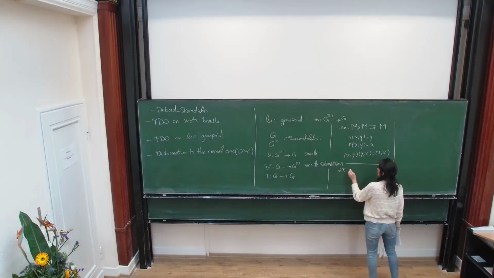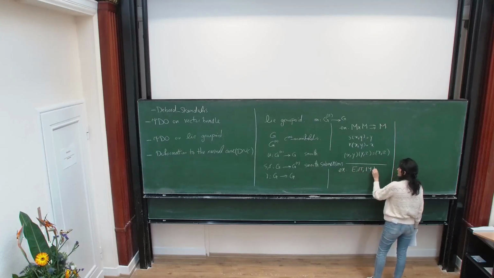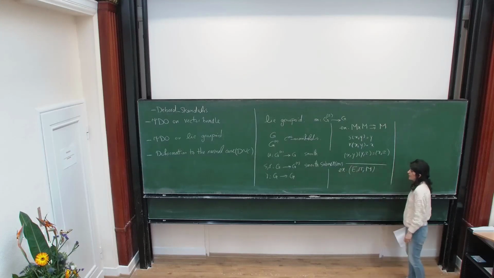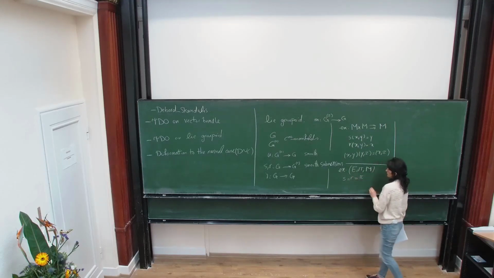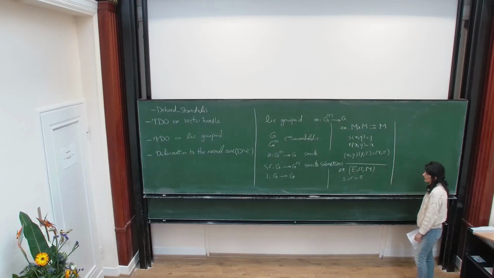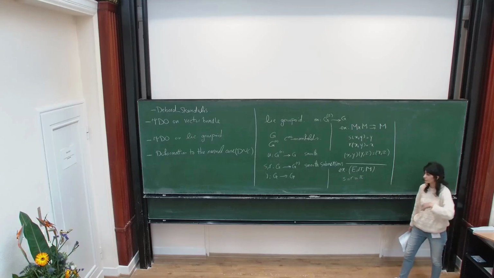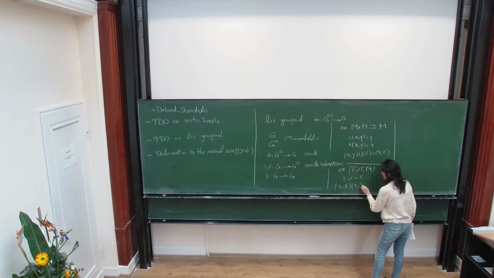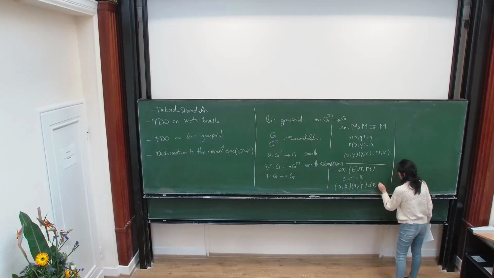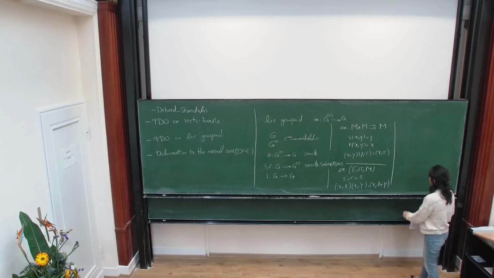Then we have another example, which is a vector bundle, a smooth vector bundle of course. So we have source equal to range equal to pi, and the multiplication is given by the sum of the vectors in the fibers.